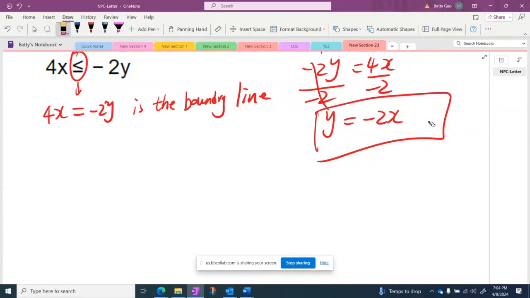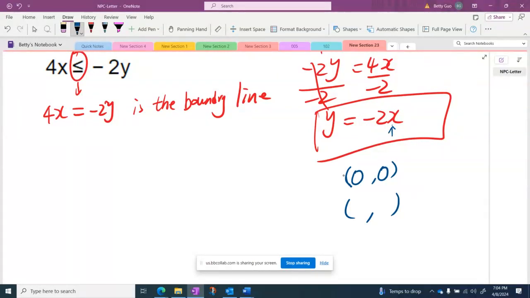All we need to do to graph a straight line is to find 2 points. 2 different points would be enough. The first point, I let x be 0. If I plug in x equals 0 here, then the corresponding y would be -2 times 0. It's also 0. So 0, 0 is a point on the line. That's the first point we found.